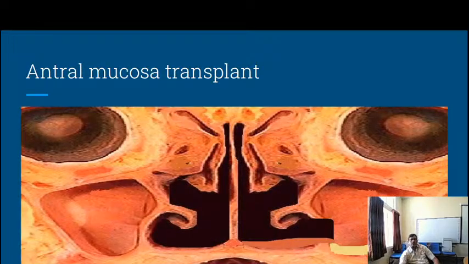The antral mucosal transplant is another surgery where the maxillary antrum mucosa, through a small opening in the inferior meatus, is opened up, and so this mucosa slowly grows into the nasal cavity.